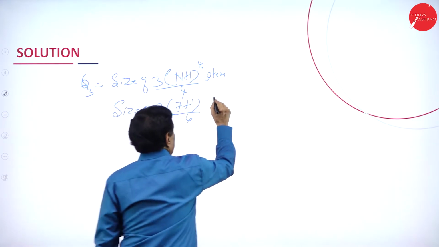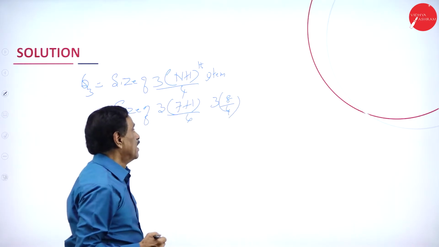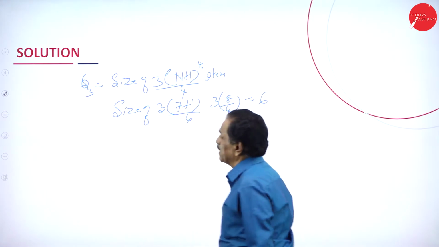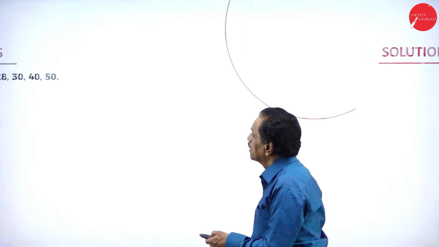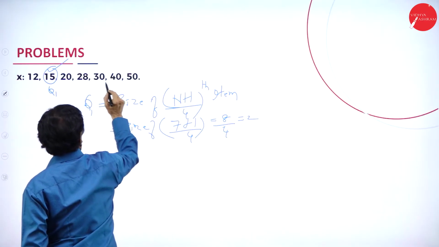This is 3 into 8 divided by 4. So 4 2s are 8, 2 3s are 6th. The 6th item is your Q3. So 1, 2, 3, 4, 5, 6.